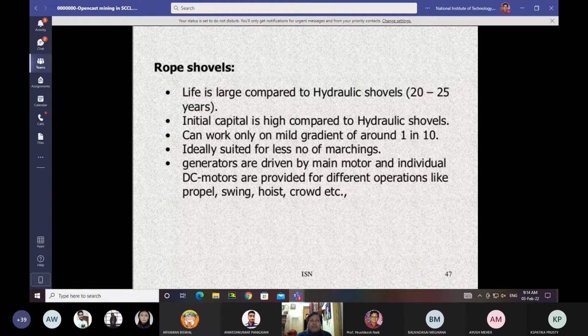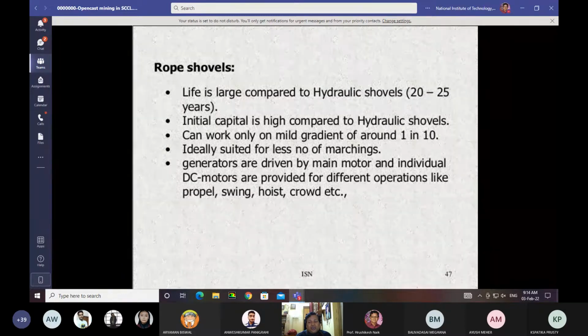And rope shovels, suppose you are purchasing, suppose there is no electricity or suppose there is power failure. If you have the electrically driven shovels and there is power failure, electricity has gone, then what will happen? The shovel will remain idle.